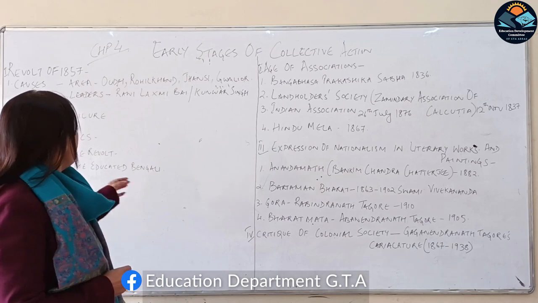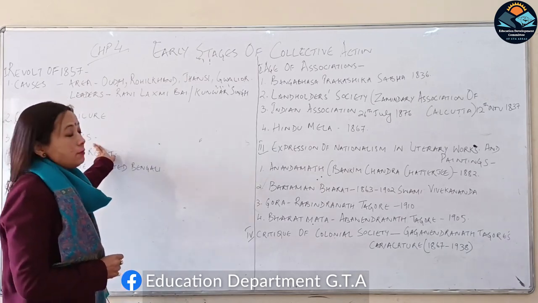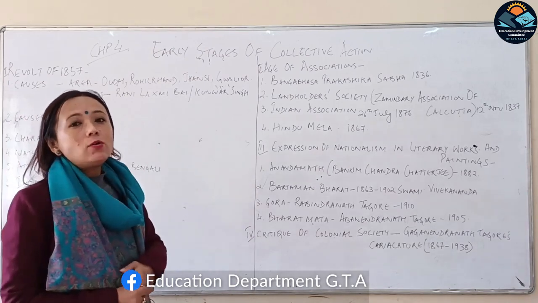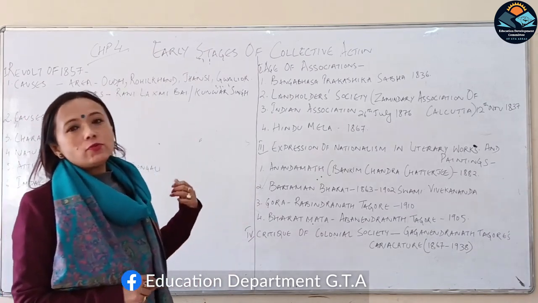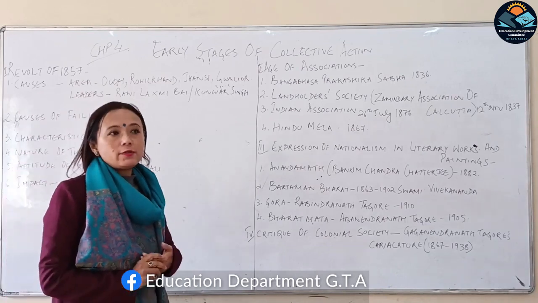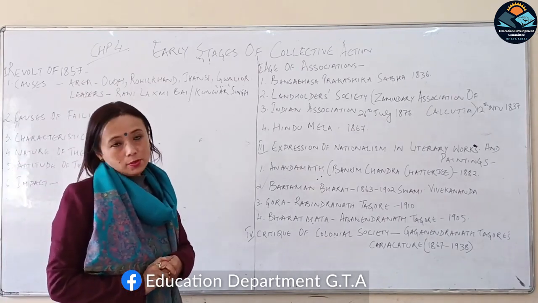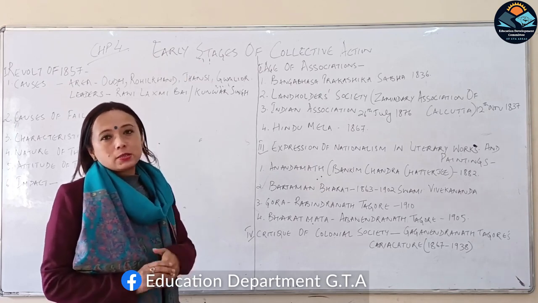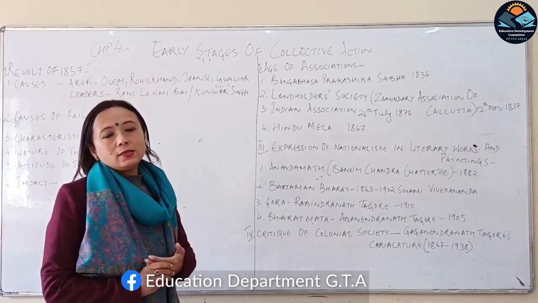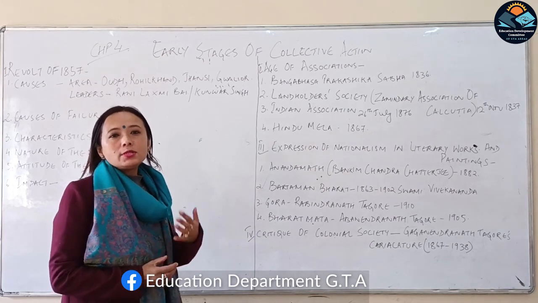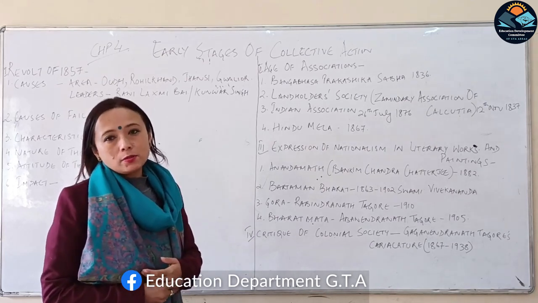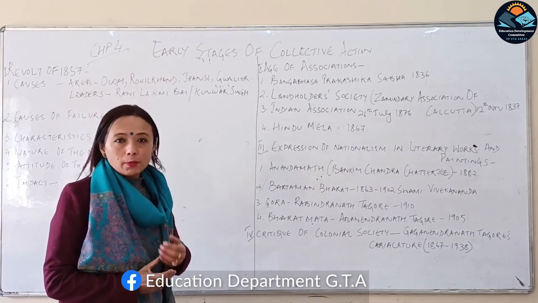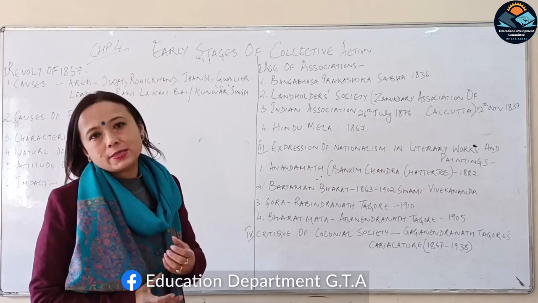Now, we'll talk about the characteristics. As I already told you, this revolt of 1857 is also called the Sepoy Mutiny. But we find, though it was started by the sepoys, it was soon followed by the masses.